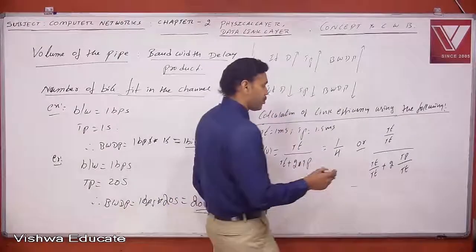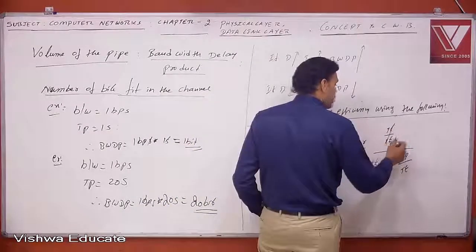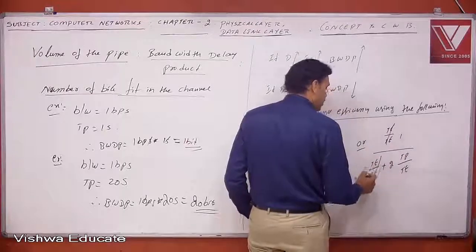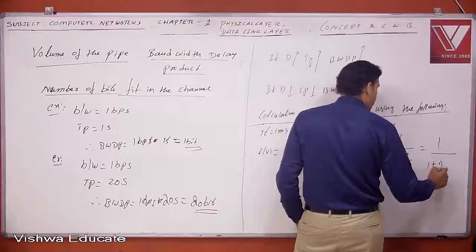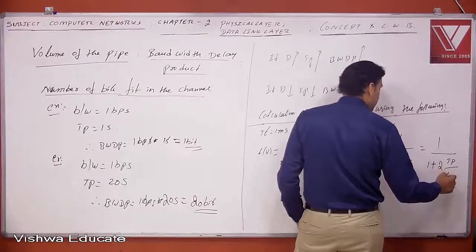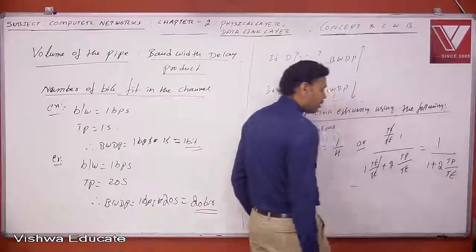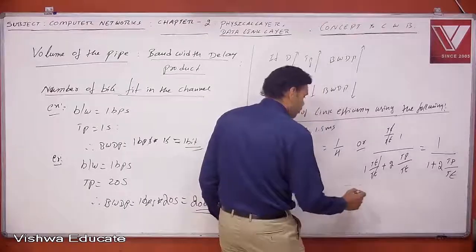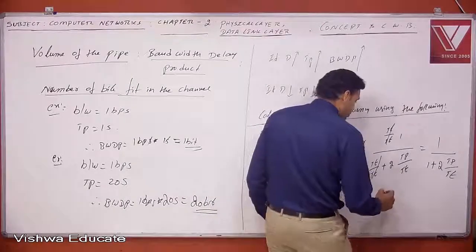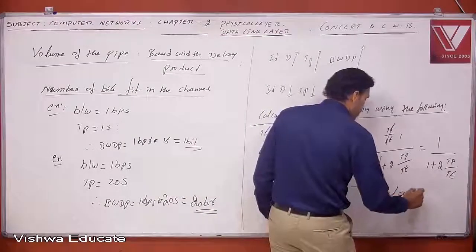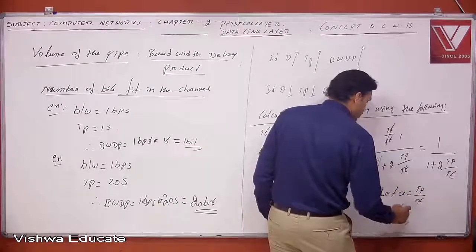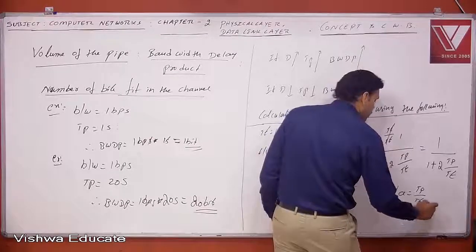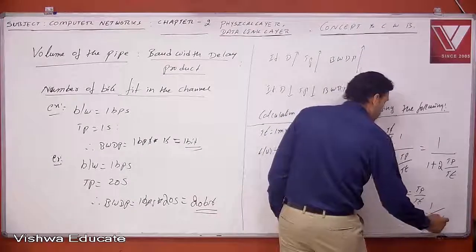So Tt by Tt becomes 1, and the denominator becomes 1 plus 2 Tp by Tt. If I say let A equal to Tp by Tt, therefore link utilization equals 1 by 1 plus 2A.